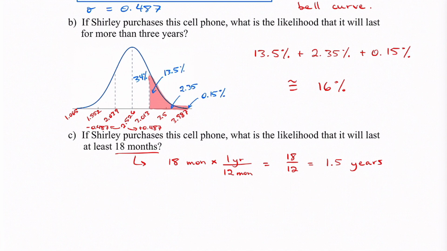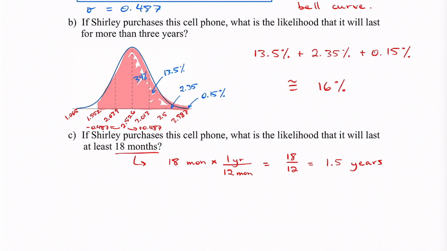So on our graph, 1.5 years, the closest one is this right here. We wanted to find what is the likelihood that it will last at least 1.5 years or 18 months. So we want at least that and then more. We want all of this region. So I'm just going to erase what we had highlighted before. We want at least from here all the way up until its max battery life. So all of this right here.